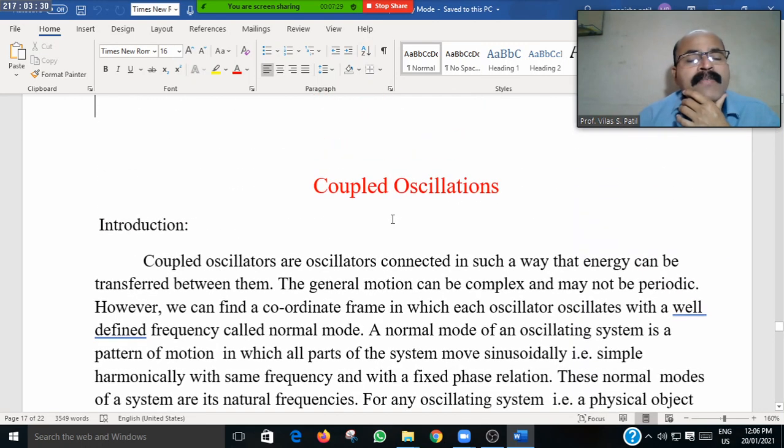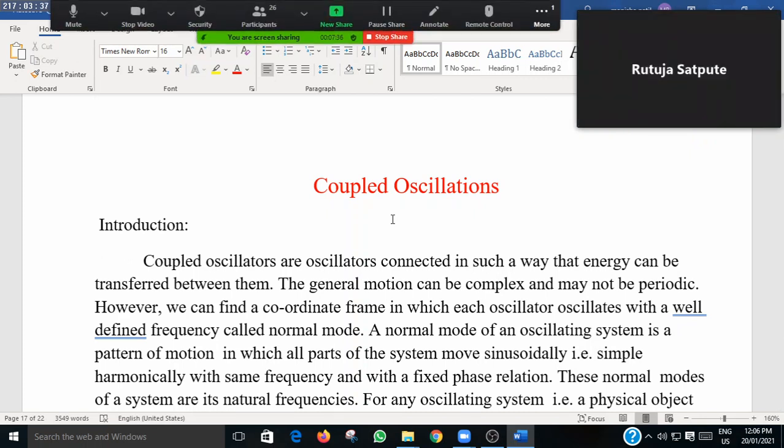Shared screen is visible. Somebody please speak up. Yes, sir. Okay, okay.